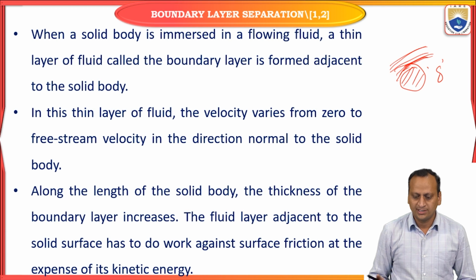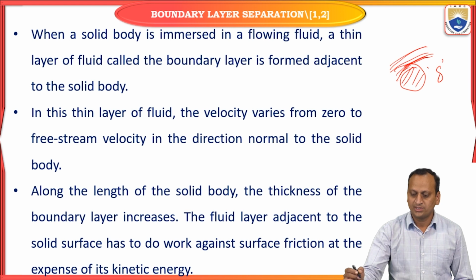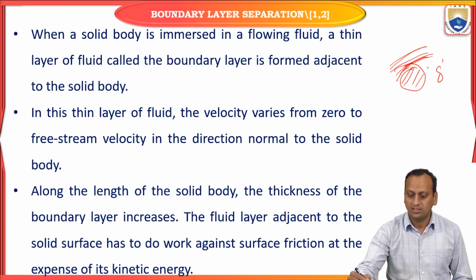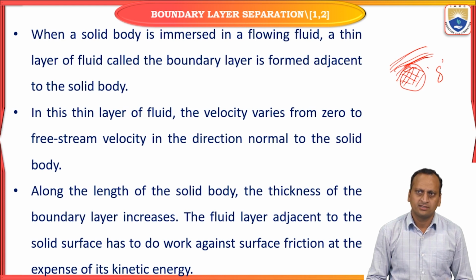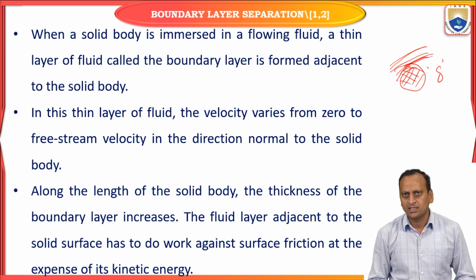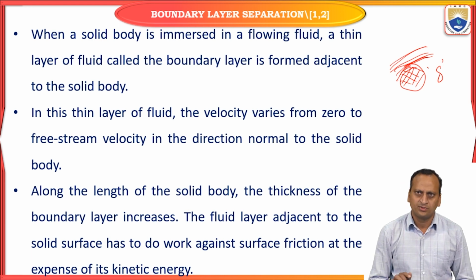So when a solid body is immersed in a flowing fluid, a thin layer of fluid called the boundary layer is formed adjacent to the solid body. Whenever the fluid is moving and the solid body is stationary, the first layer coming into contact with the solid body sticks to that surface. Thereby it starts forming the boundary layer by stopping the kinetic energy of the adjacent fluid layers.